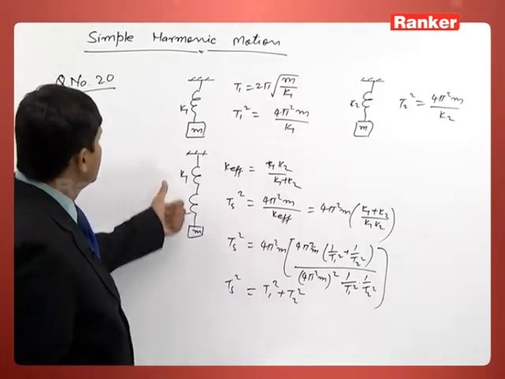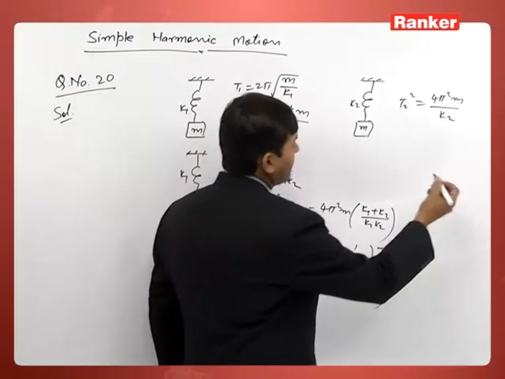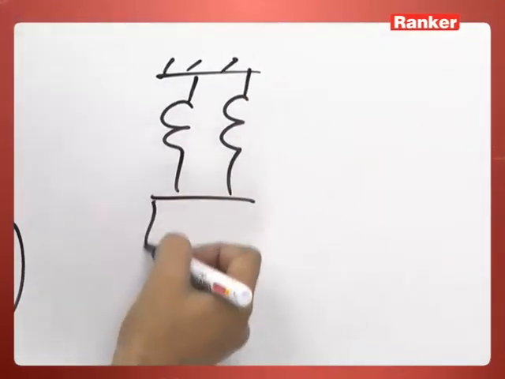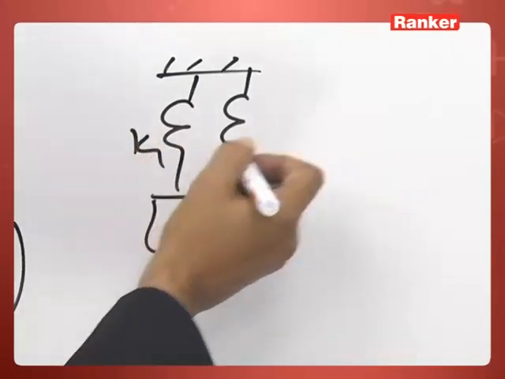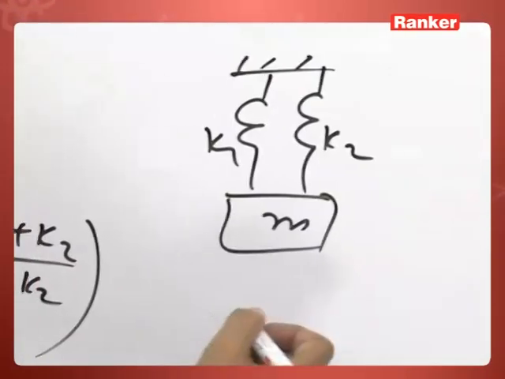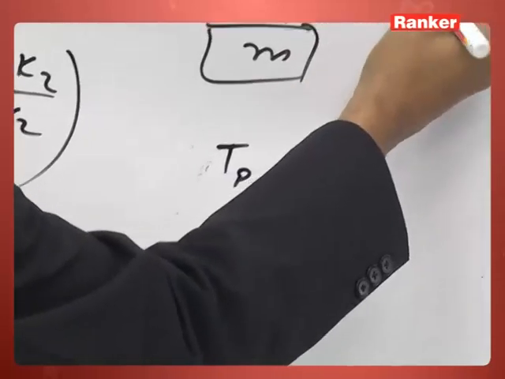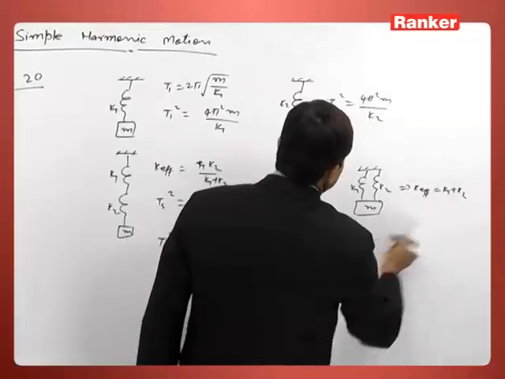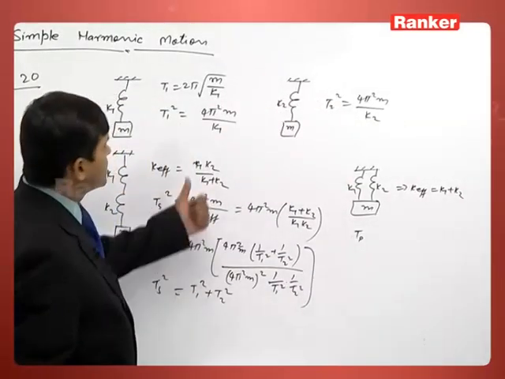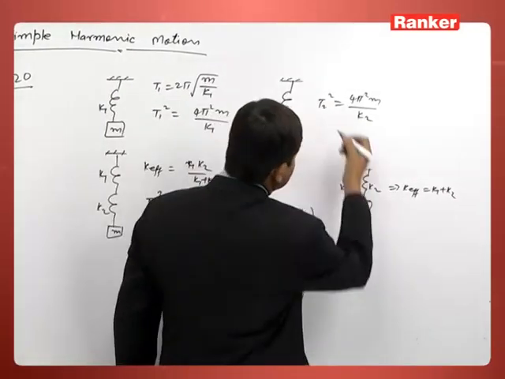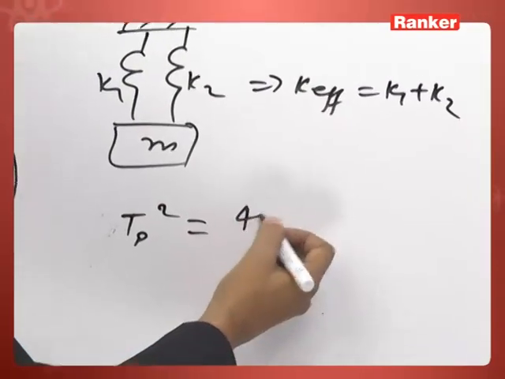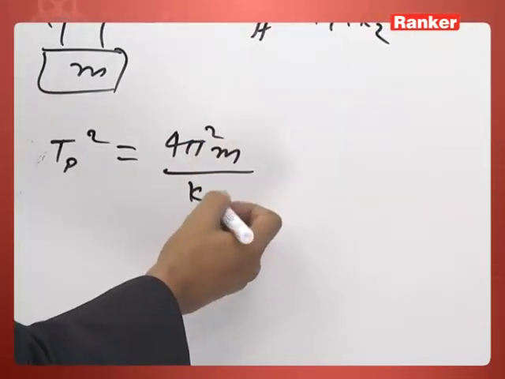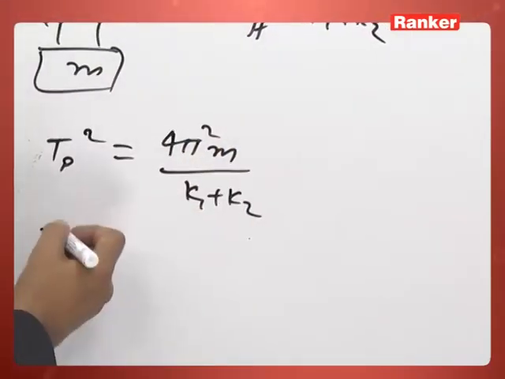And now when these are in parallel, parallel means like this, K1, K2, then time period Tp, and K effective will be K1 plus K2. So Tp square is equal to 4 pi square m by K effective, in K1 plus K2.